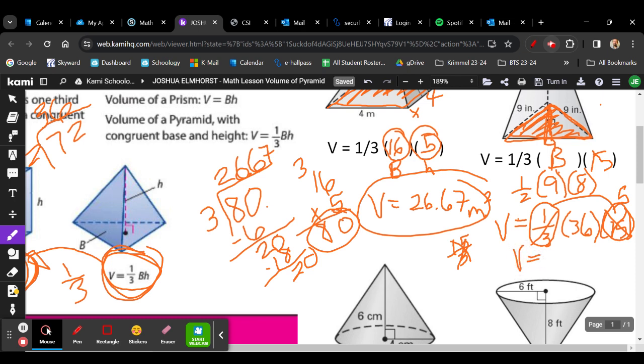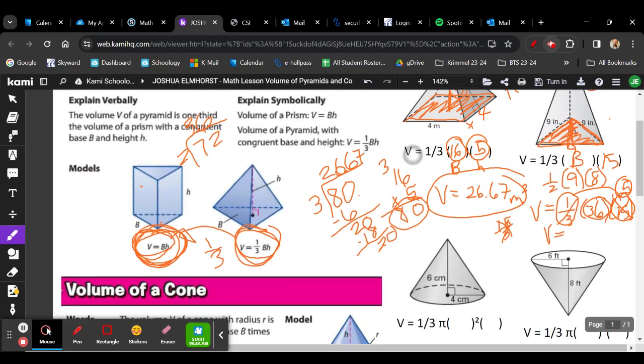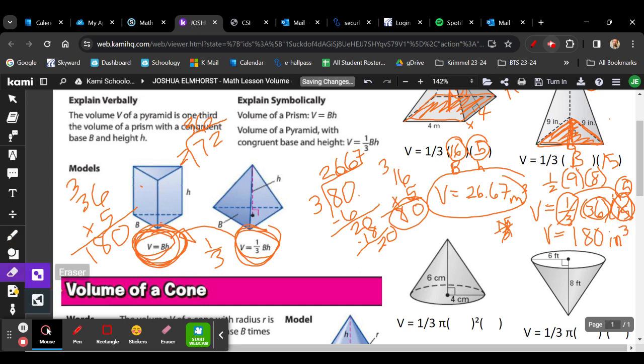So the volume is going to equal 36 times 5. So that's a nice even number on that one. It should be 180, and then that's inches cubed. And I just noticed another mistake. That is not area over here, that is volume.